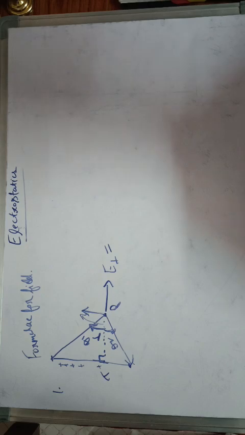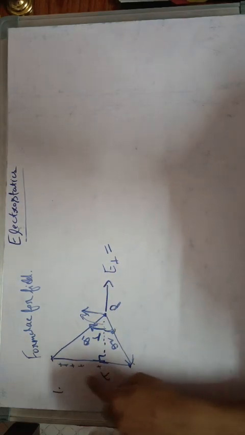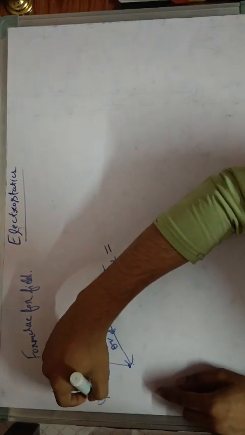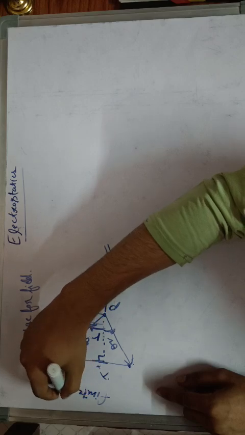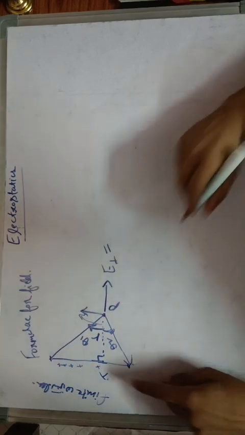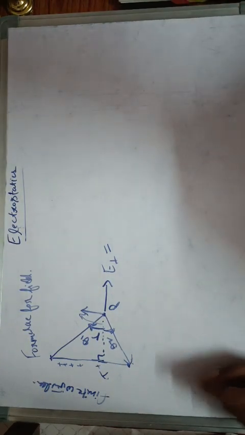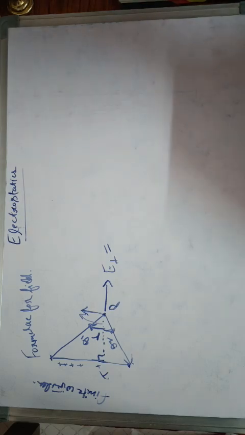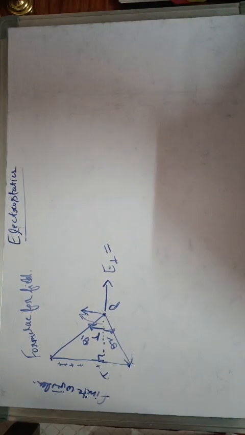So there would be two types of field for this finite length charged wire.